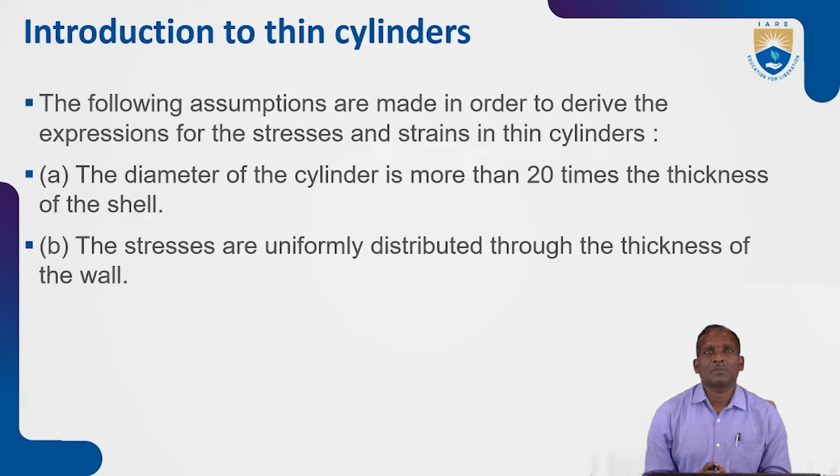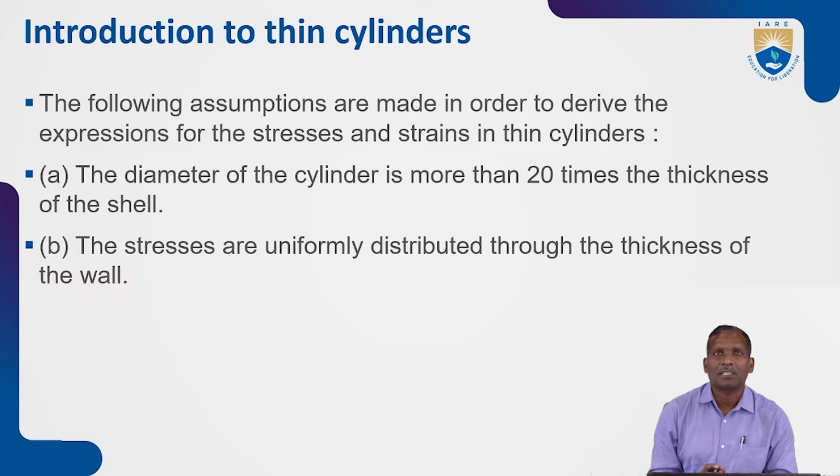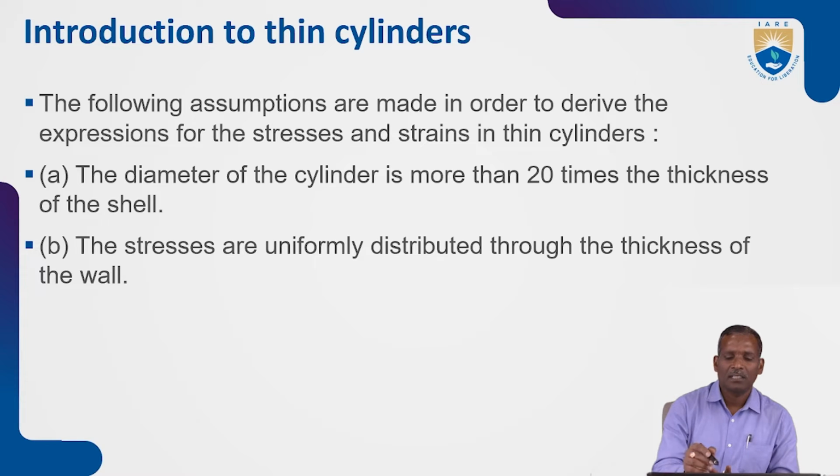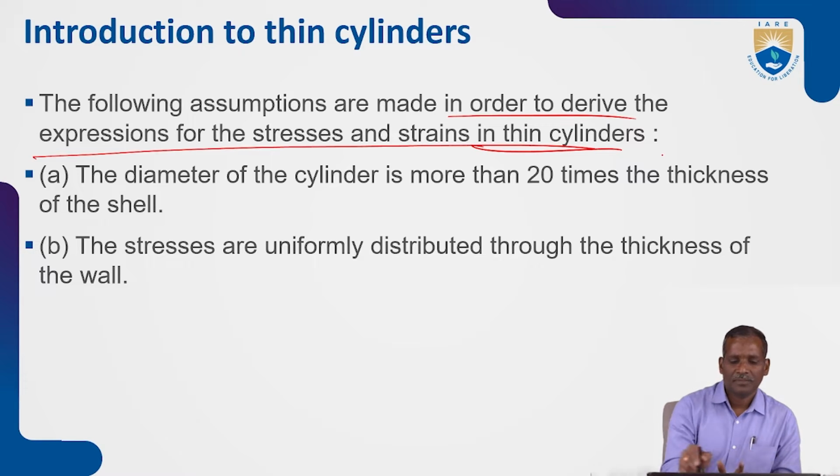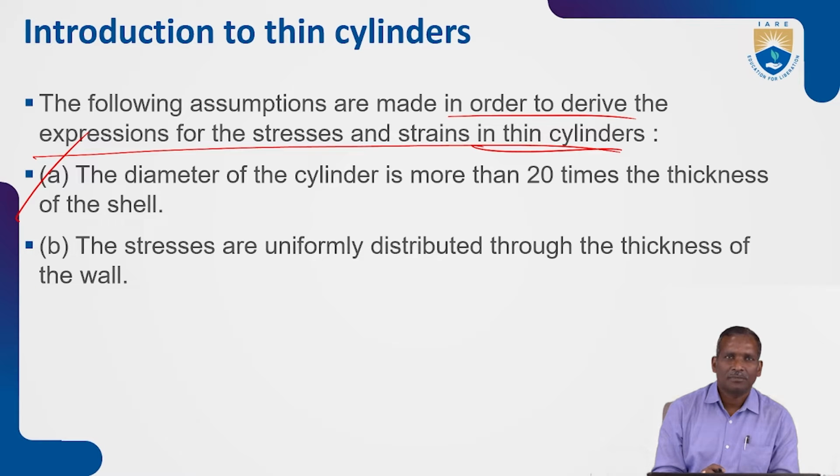The following assumptions are made in order to derive the expressions for the stresses and strains in thin cylinders. One is that the diameter of the cylinder is more than 20 times the thickness of the shell. In that case, it is said to be a thin cylinder.